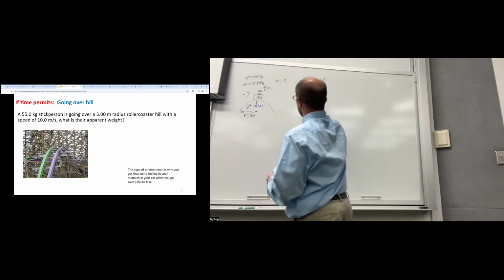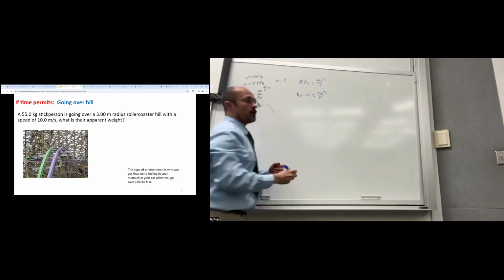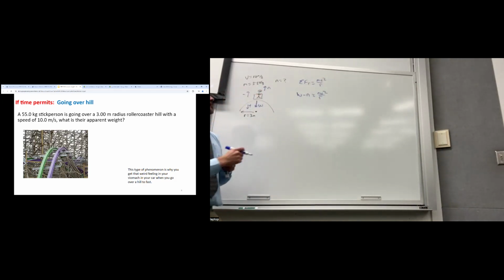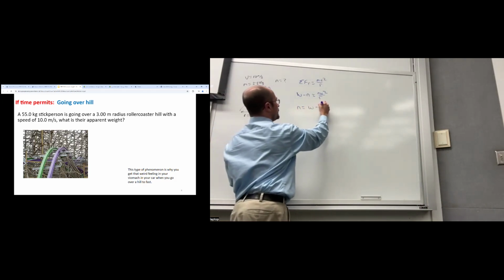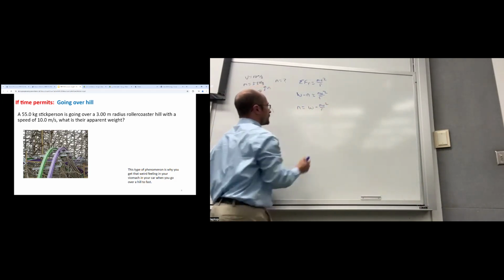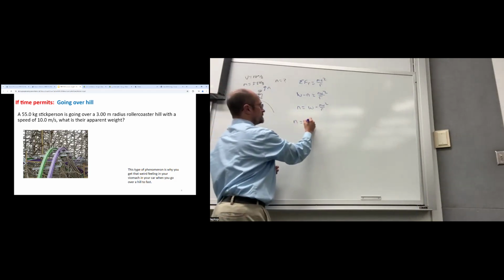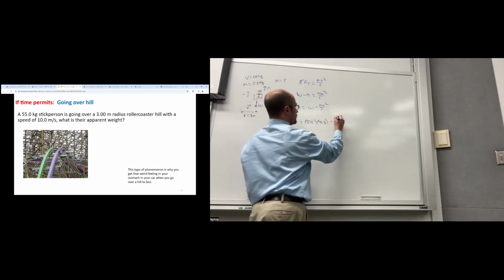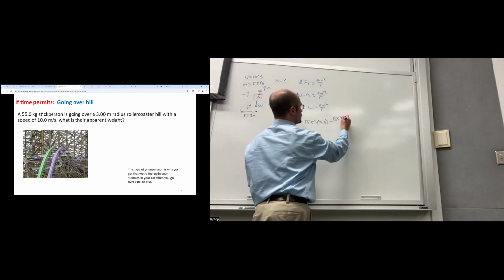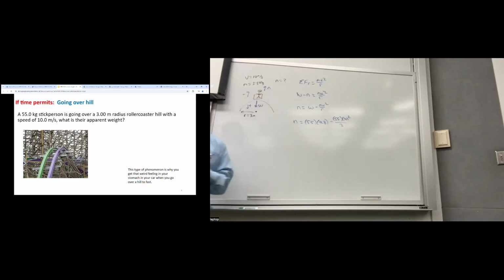We have W minus N is mv squared over r. So then N is equal to W minus mv squared over r. Or in this case, N is 55 times 9.8 minus 55 times 10 squared over 3.